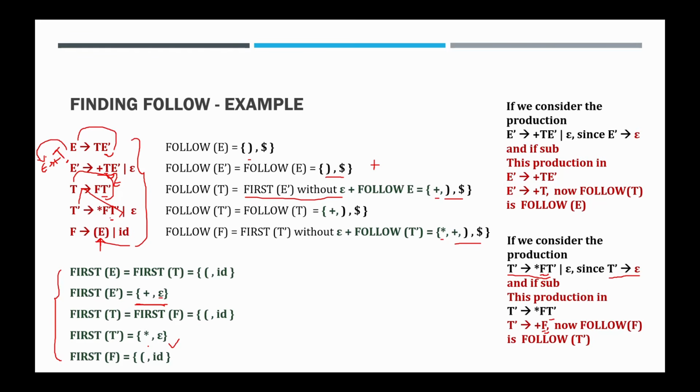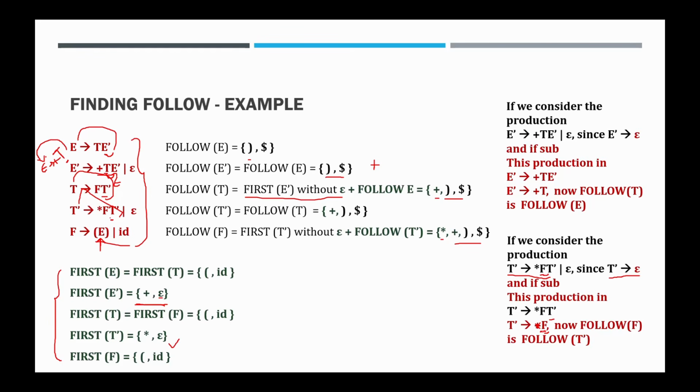We have star, comma, epsilon. Since T dash has the epsilon production, we will substitute epsilon into that production. Sorry, this is not plus, this is star. Please change that. T dash tends to star F. So now after substituting we got this production.